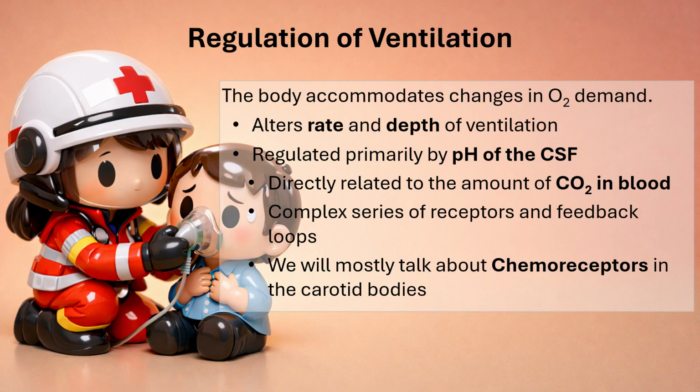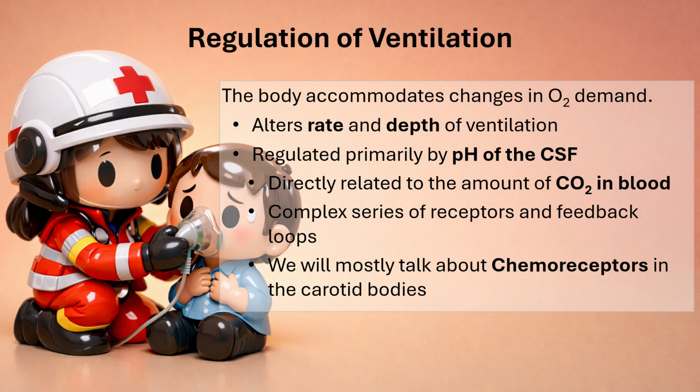So here we talk about the regulation of that. How does that work? First, the primary is the pH of the cerebrospinal fluid. What we're going to more directly talk about is the CO2 in the blood, because we're also going to talk about oxygen in the blood, because we're going to talk about hypoxic drive. I think as paramedic students, we can focus on the idea that we have chemoreceptors in the carotid bodies.